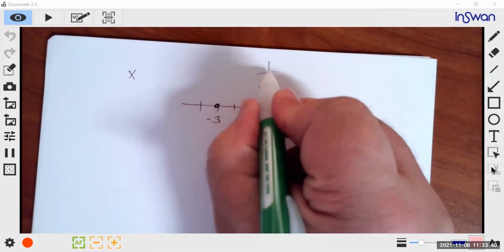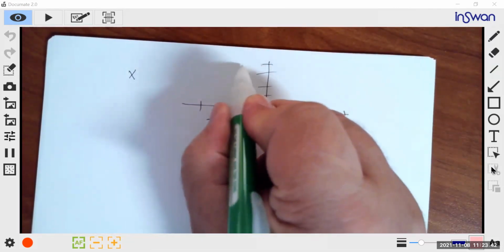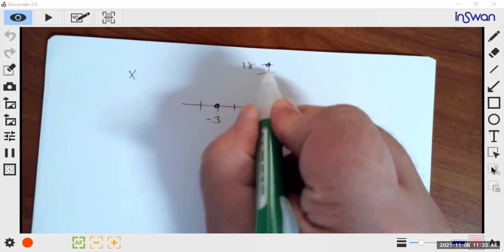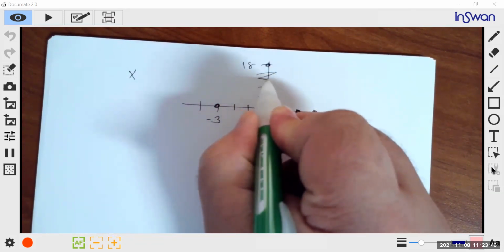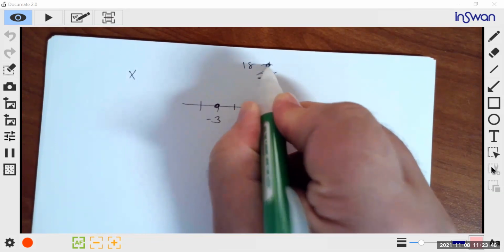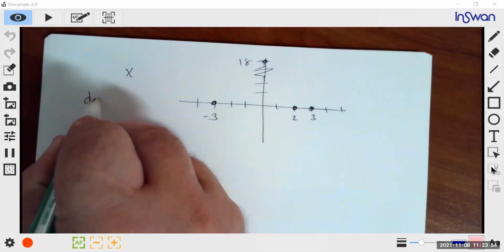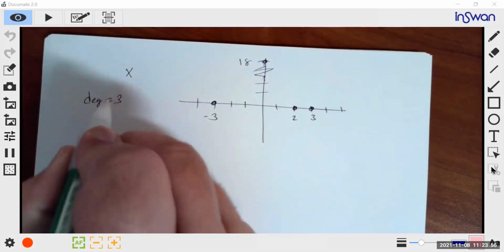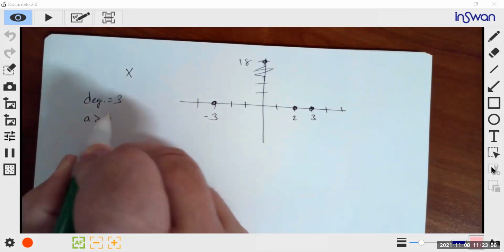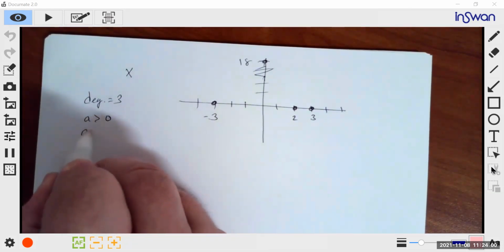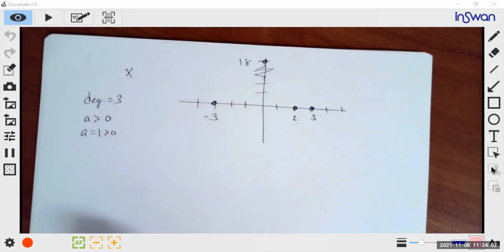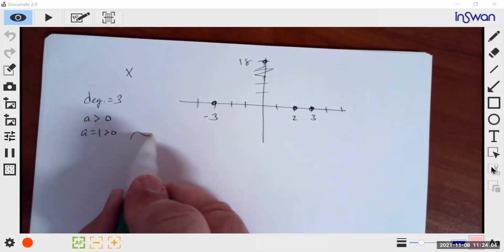And the y-intercept is at 18. The degree is 3, and a is positive. It's 1. So the graph looks like this.